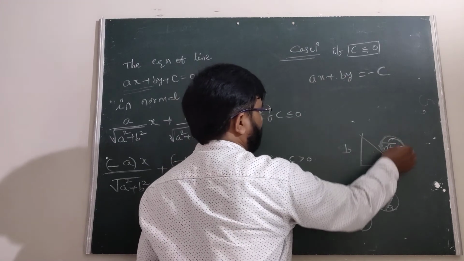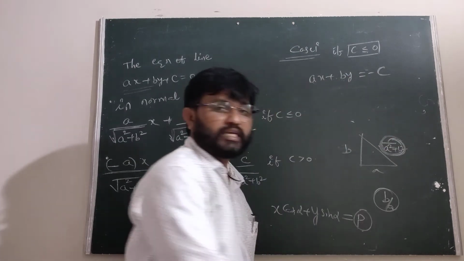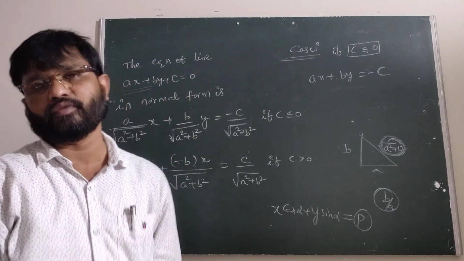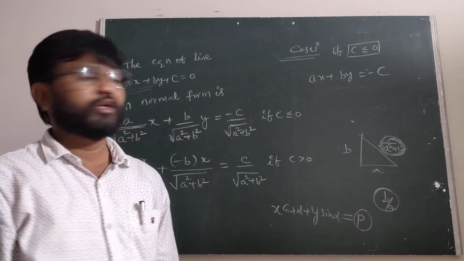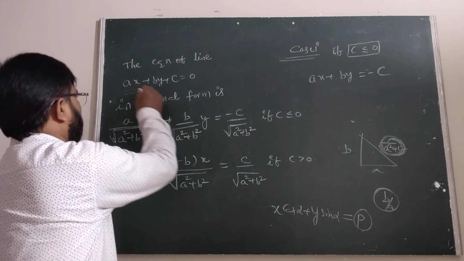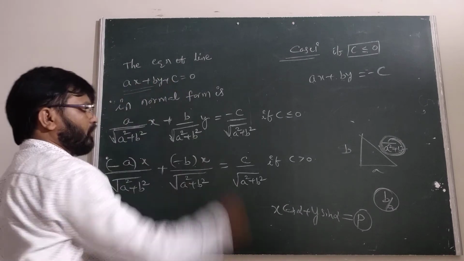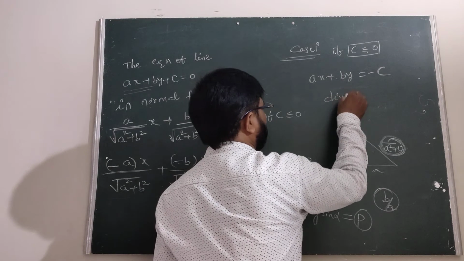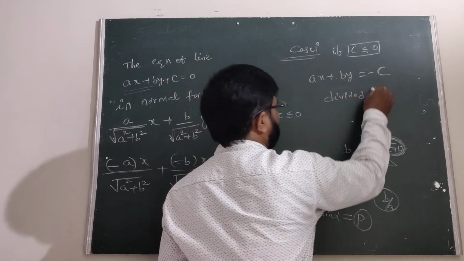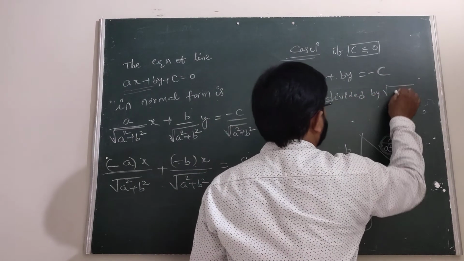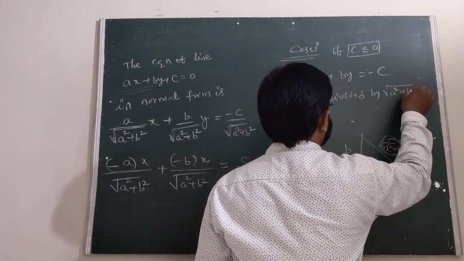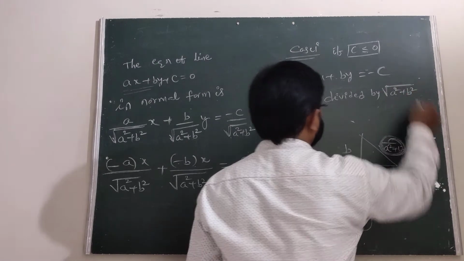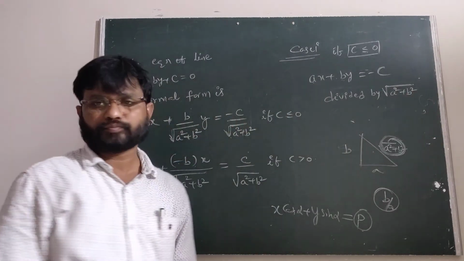What do we require here? The root of a square plus b square. So when the line is in the form ax plus by plus c equal to 0, undoubtedly we have to divide it by root of a square plus b square. Is it clear?